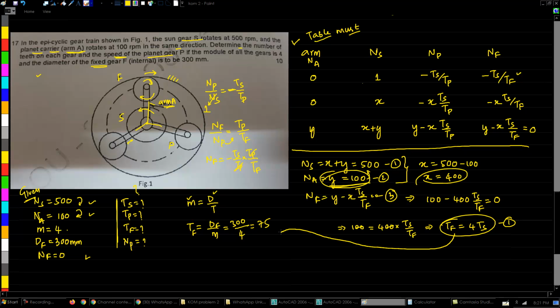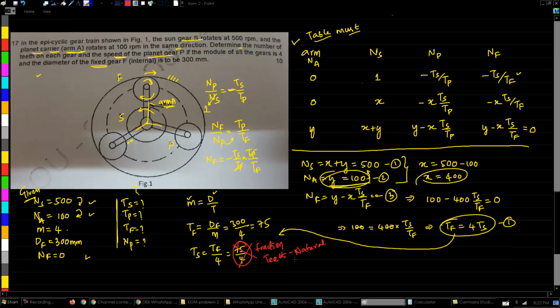Now let's use this equation here, and we get Ts will be equal to Tf by 4. So that will be 75 by 4. Wow. Now here there's a big problem. We cannot have a fractional number of teeth. Fine. So number of teeth have to be always natural numbers.